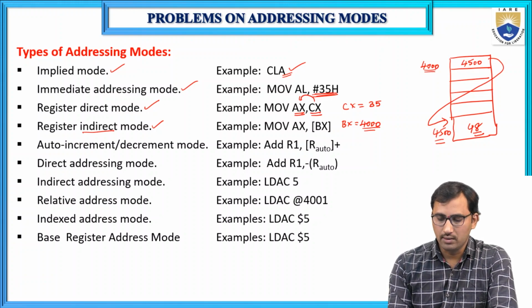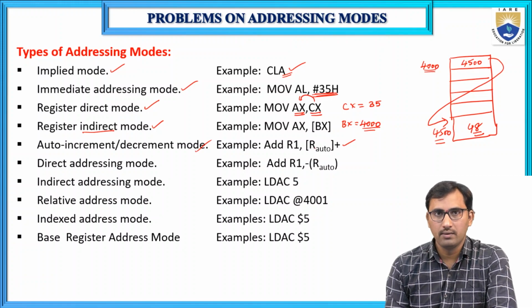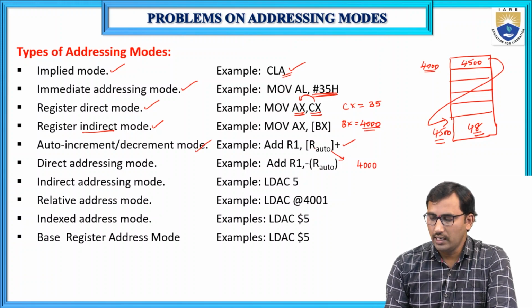Next, auto increment or decrement. In auto increment, the example is ADD R1, R auto plus. That means the plus operator is represented after the register. So suppose R auto is 4000, then it will go to this particular memory location and access the data.